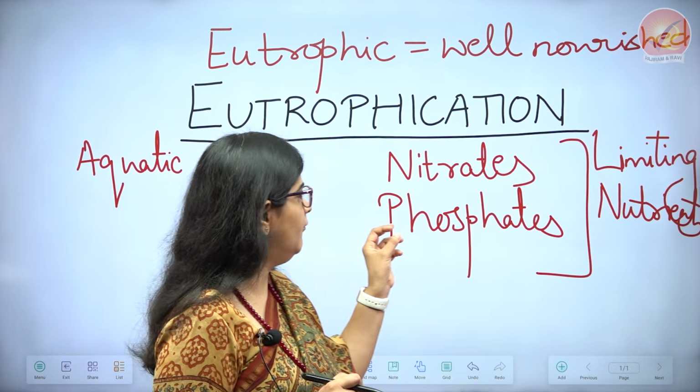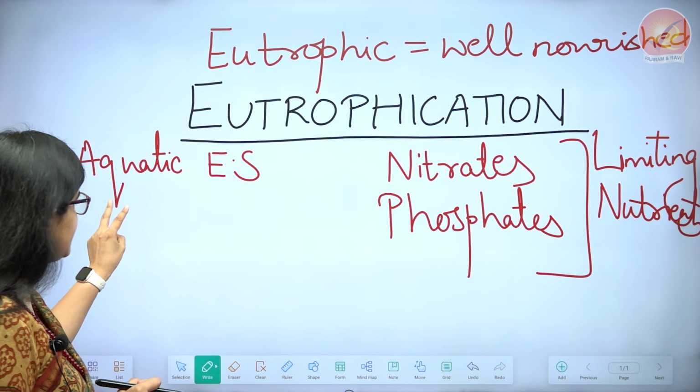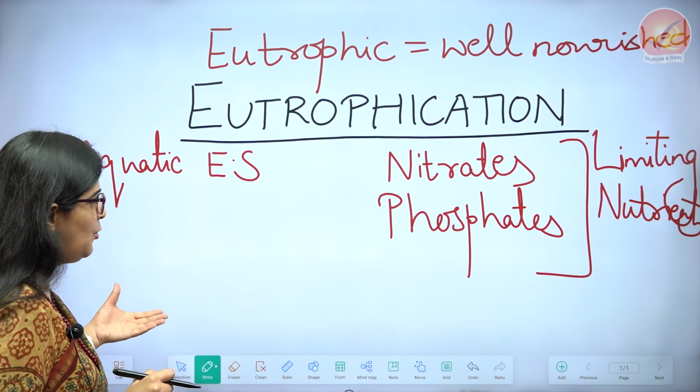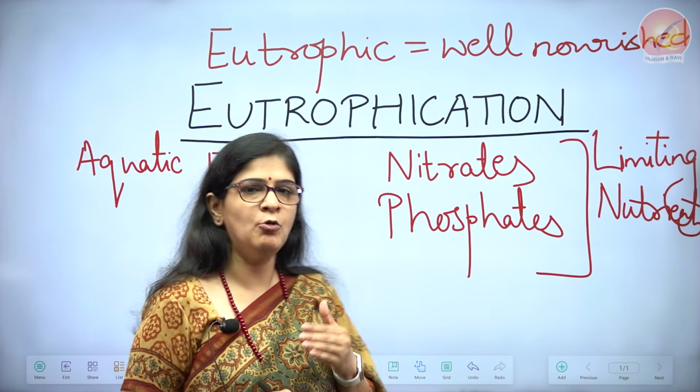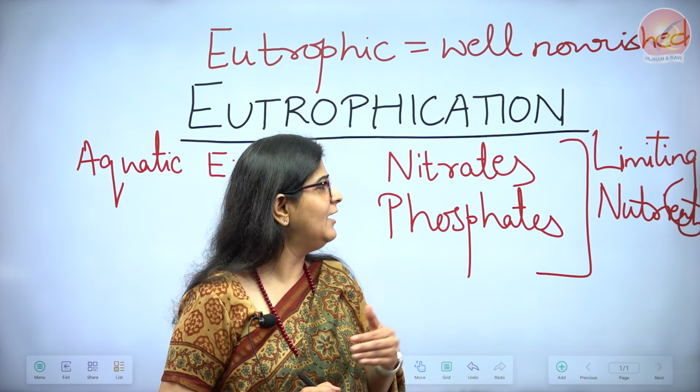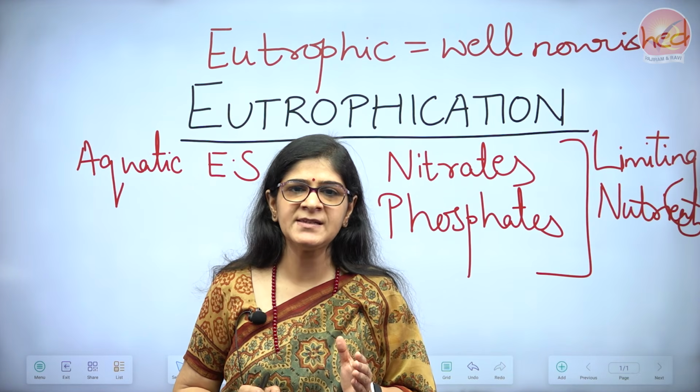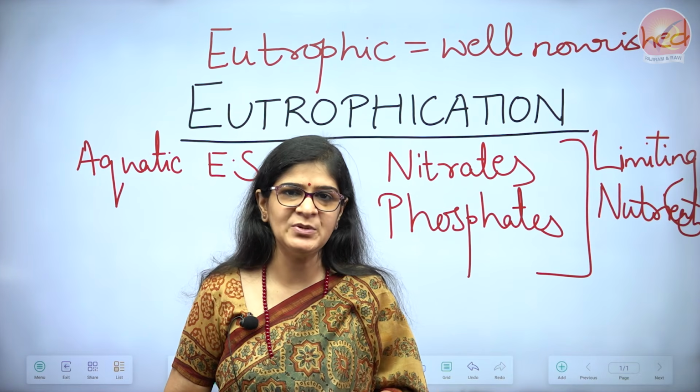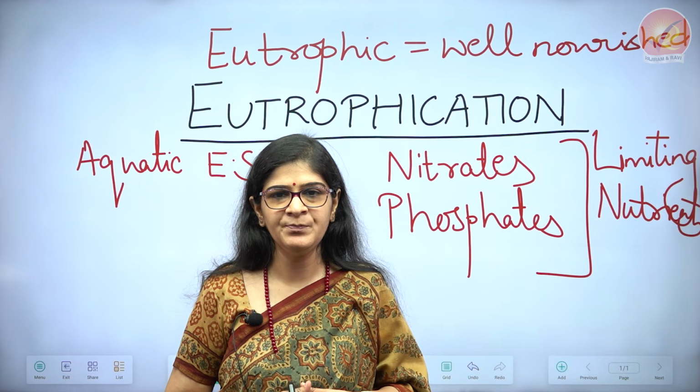For aquatic ecosystems such as lakes, ponds, rivers, oceans as well, nitrates and phosphates are very important examples of limiting nutrients.